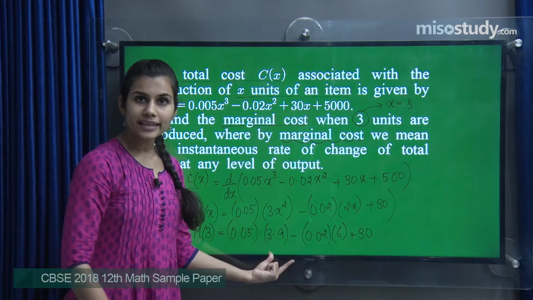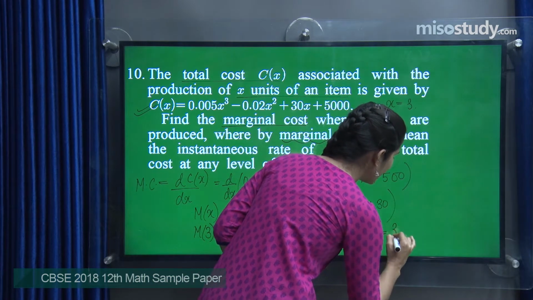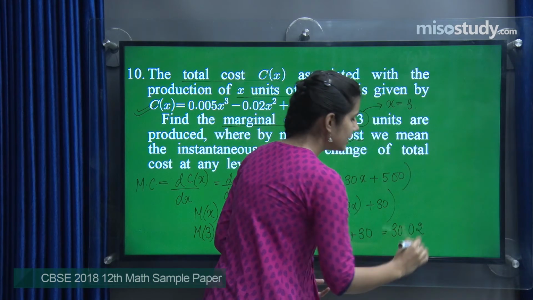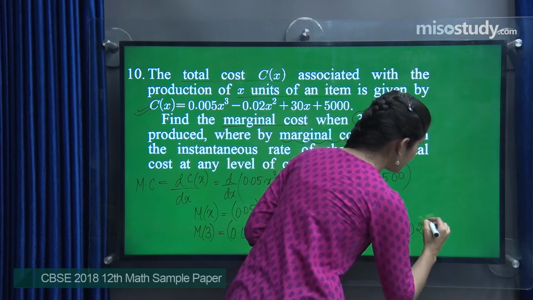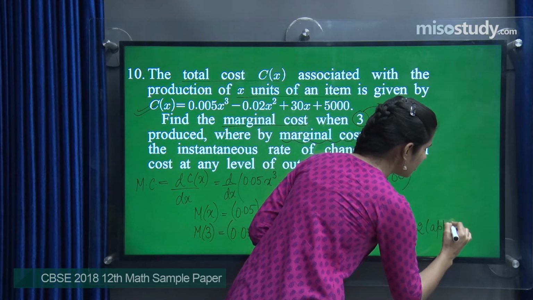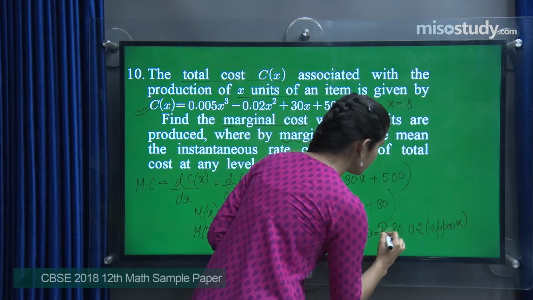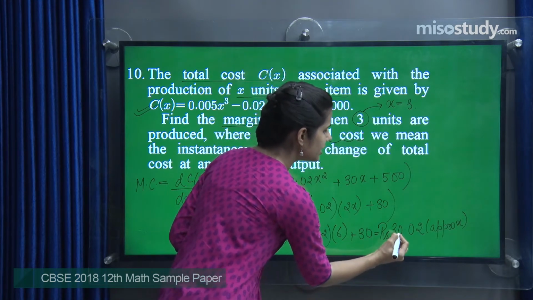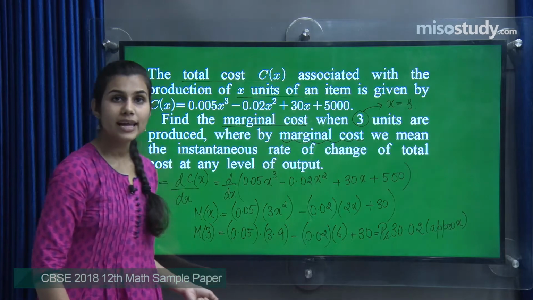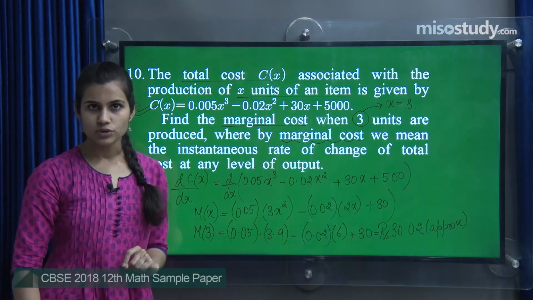Very simple algebraic expression. You are going to find 30.02 approximately. These many rupees is your marginal cost when 3 units are produced.